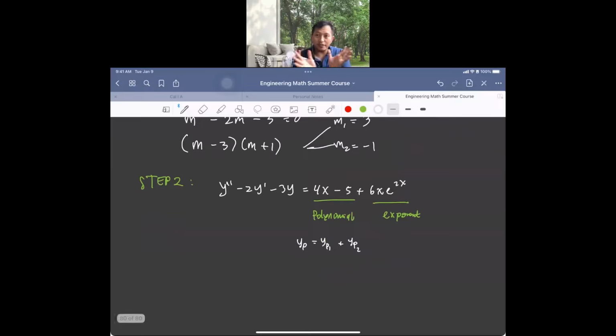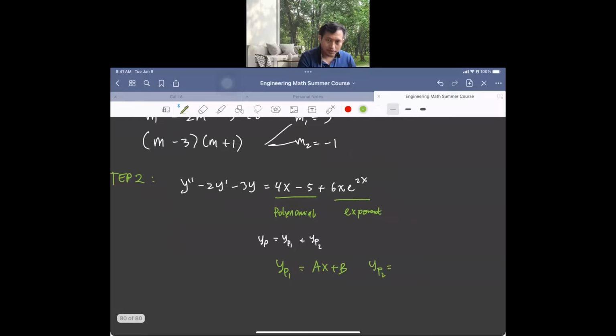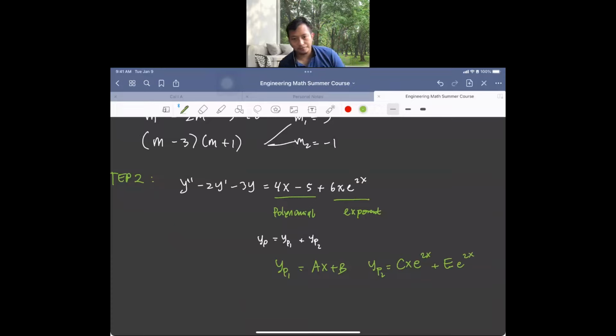We will have two kinds of yp. yp1, we will guess as a polynomial, that is ax plus b. And yp2 has cx e to the 2x plus e e to the 2x, where c and e are constants, and the exponent is 2x.